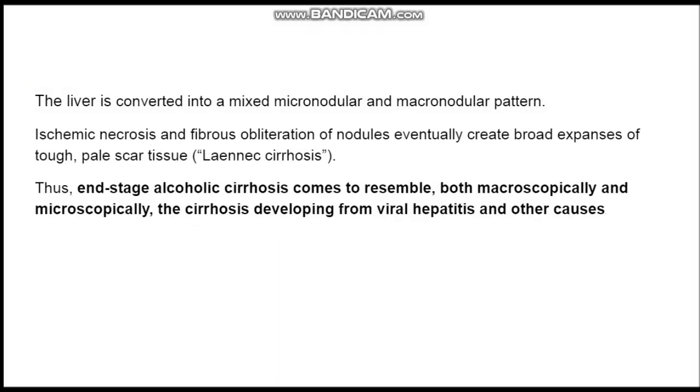Also, in alcoholic liver disease, both micronodular and macronodular patterns of cirrhosis are seen. Along with that, there is ischemic necrosis and fibrous obliteration of the nodules that leads to a very tough pale scar tissue. This is known as Laennec cirrhosis.